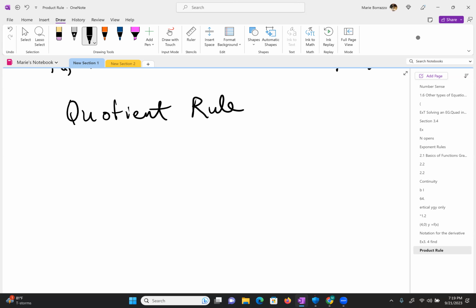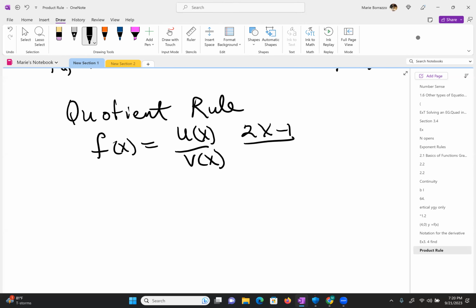Let me set up the example. The function f of x will be some u of x over some v of x. For example, I could give you 2x minus 1 divided by 4x plus 3.